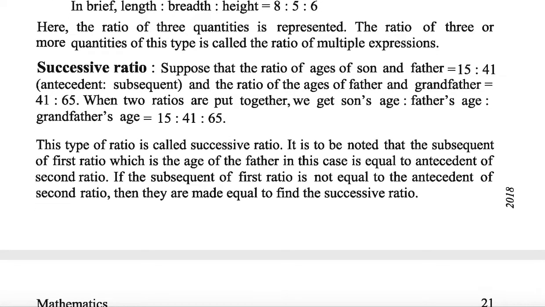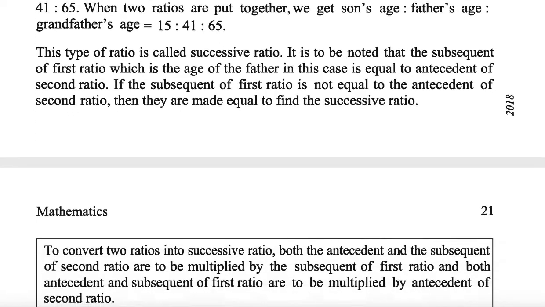What is successive ratio then? Suppose that the ratio of the ages of son and father is 15 is to 41, and the ratio of the ages of father and grandfather is 45 is to 65. When the two ratios are put together, we get the son's age is to father's age is to grandfather's age is 15 is to 41 is to 65. That is successive ratio.